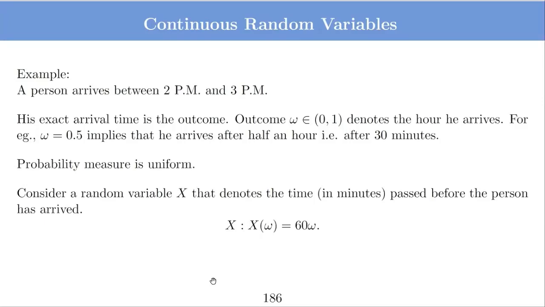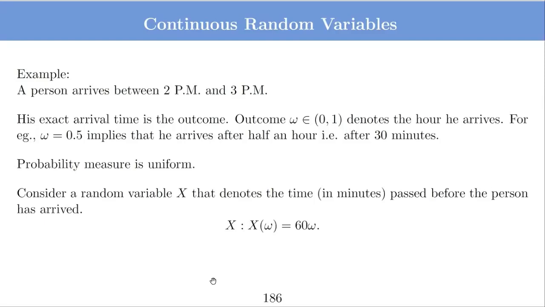So the sample space is [0, 1]. It can take any real value between 0 and 1, denoting the fraction of the hour he arrives. If omega is 0.5, he arrives after 30 minutes. If it is 0.1, he has arrived in 6 minutes.